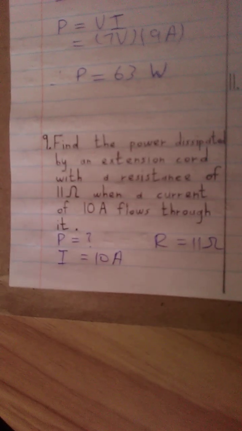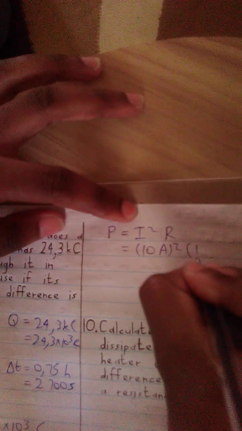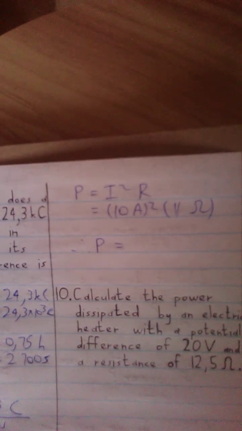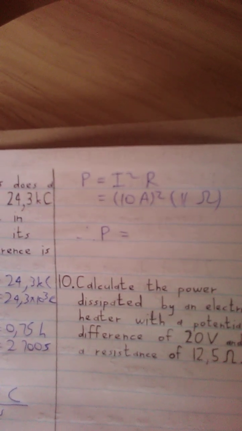I and R. P is equal to I squared R on the information sheet. What's I? 10. R is 11 ohms. So we have P is equal to 1,100 watts.